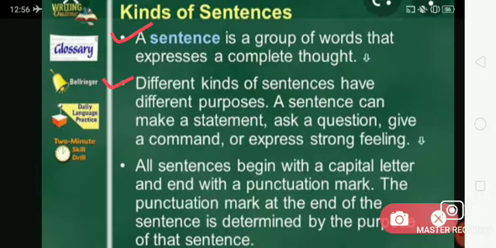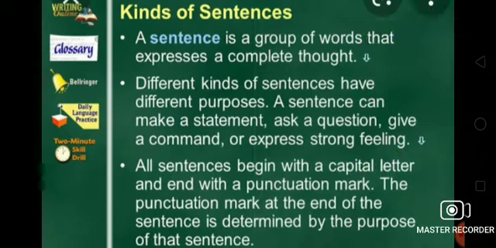A sentence can make a statement, ask a question, give a command, or express strong feeling. All sentences begin with a capital letter and end with a punctuation mark. The punctuation mark at the end of the sentence is determined by the purpose of that sentence. It is very important, so you must note down this information about sentences.